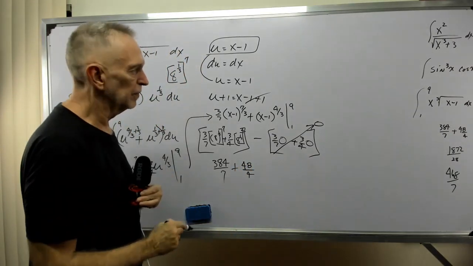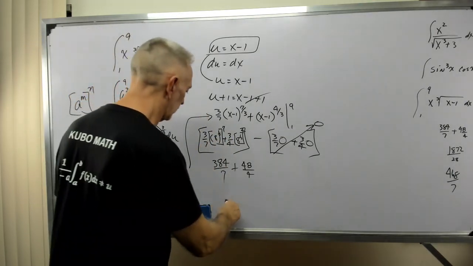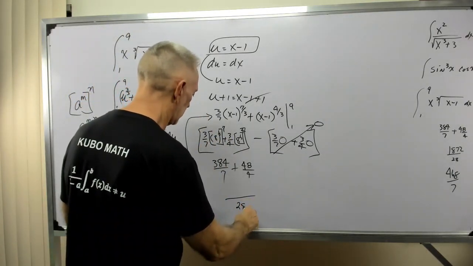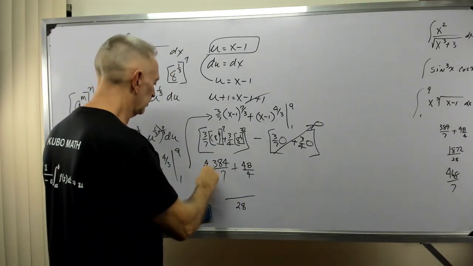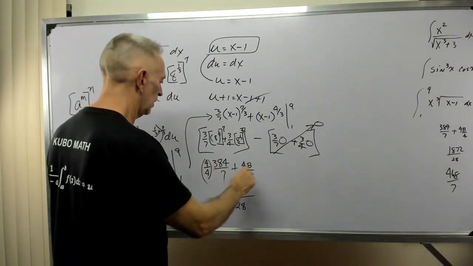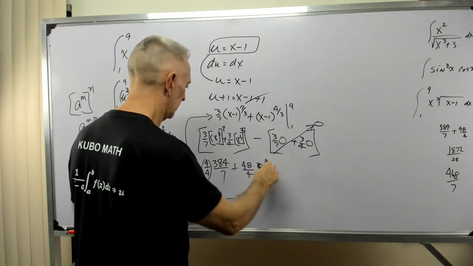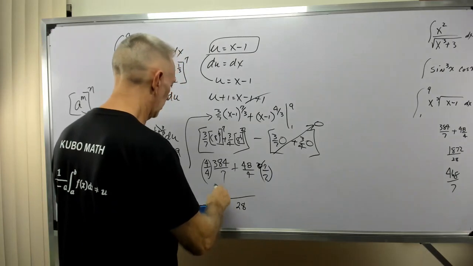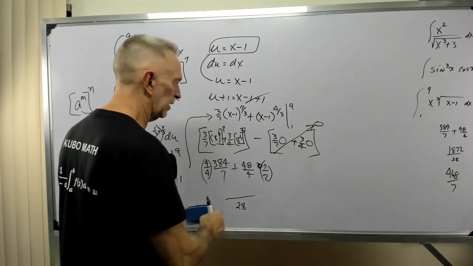Okay, let me make certain that's all right. We're good. Now, let's change all of that to least common multiple of 28. So I would be multiplying this by 4 over 4. This one by 7 over 7. Okay, so if I do that, I end up with 28 in the denominator on both sides.